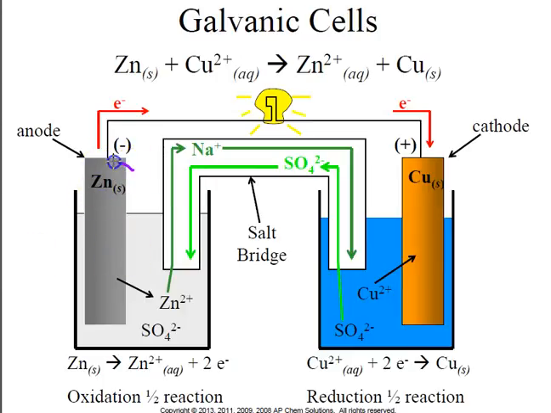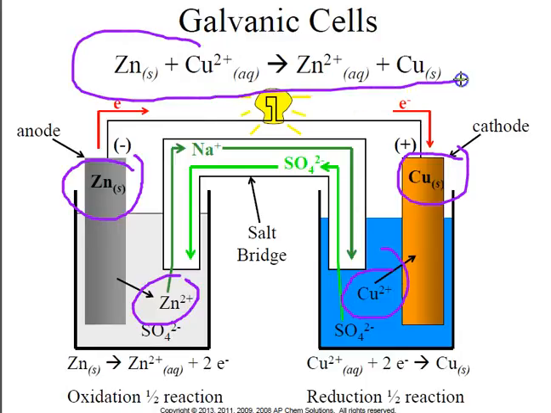So we have zinc in both the solid and the ion form, and we have copper in both the solid and the ion form. Now recall from our first example that it's the zinc solid that was losing the electrons and the copper ion was gaining them. So here's that same exact reaction up here.